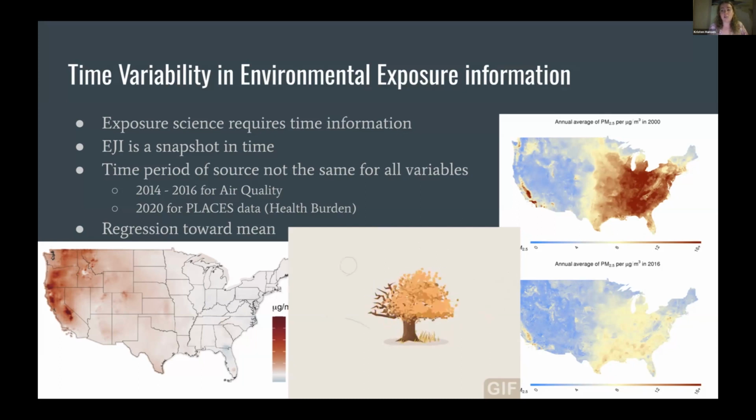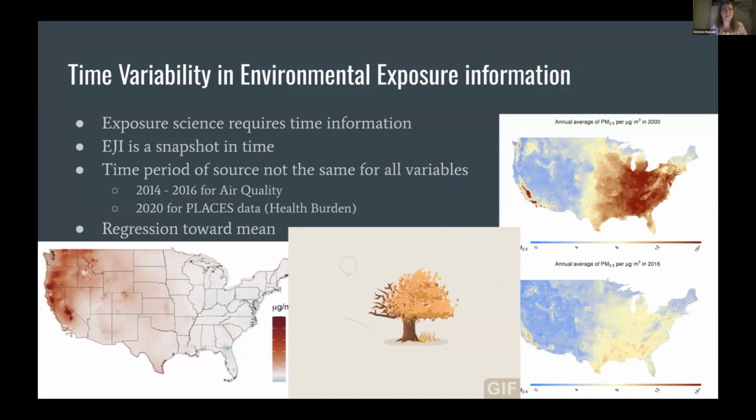In addition to it being number of days per year, we also have the problem where this data set is throwing away all extreme events. In particular for PM 2.5, it is getting rid of all wildfire smoke days in any census tract. And so because of that, it's really flattened. It's really regressed towards the mean of PM 2.5 rather than representing acute exposure.